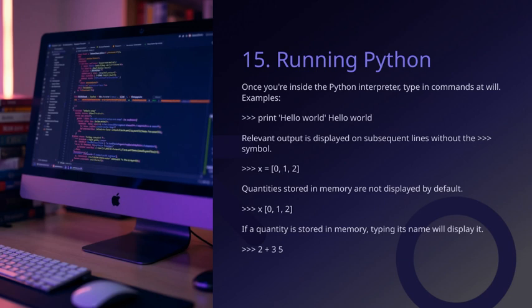If I want to see what's stored in x, I just type x, and Python will show the list [0, 1, 2]. It's important to understand that only when a quantity is explicitly entered or called upon will Python display it. So, if I type 2 plus 3, it will perform the addition and show 5 right there.